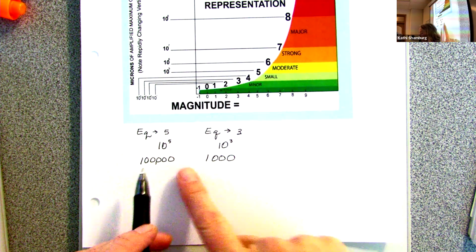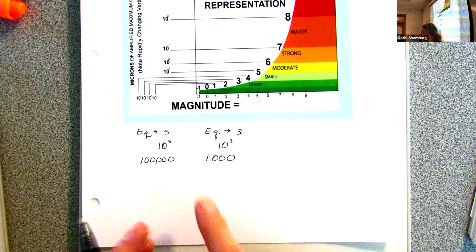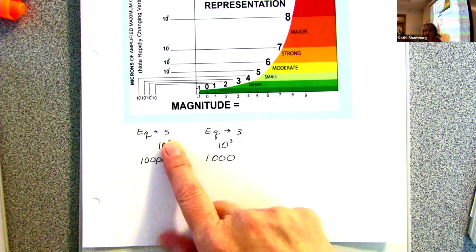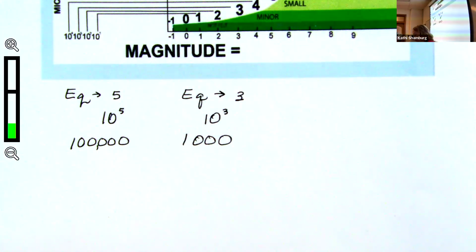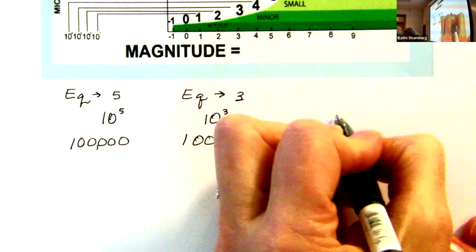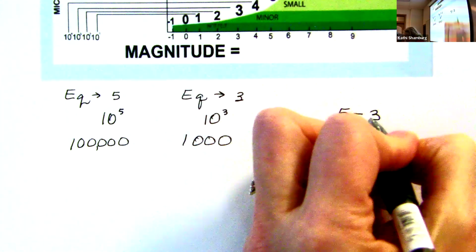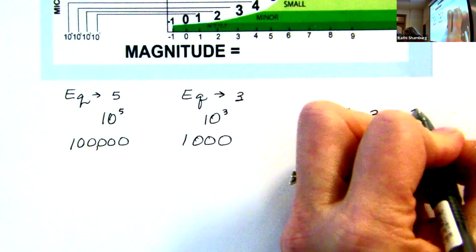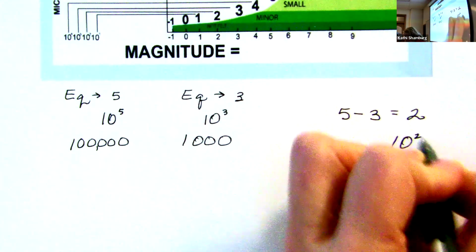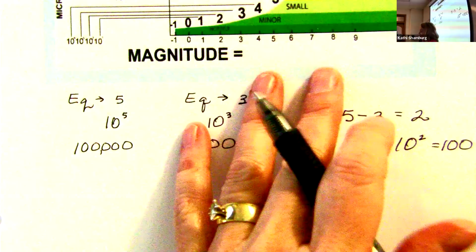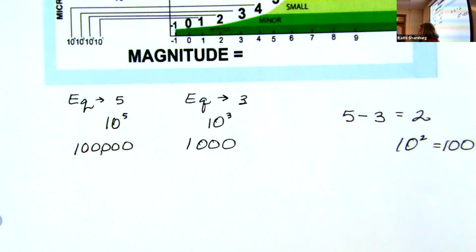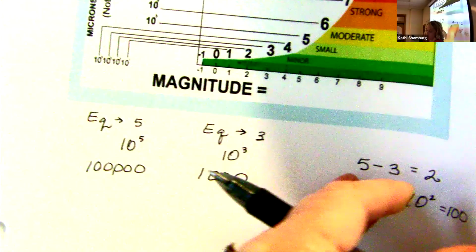So what we're going to be looking at is the difference. If somebody said an earthquake of magnitude 5 and somebody else said 3, I would think of that as the exponent, and I would go, oh, 5 minus 3 is 2. So it was 100 times stronger. That's just what a Richter scale looks like on a graph.